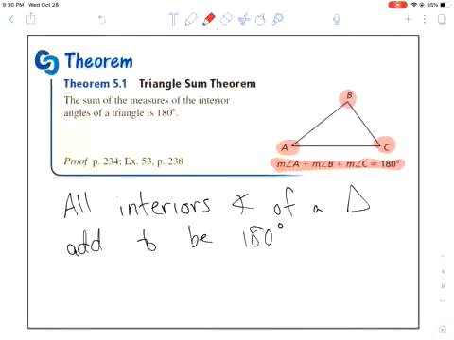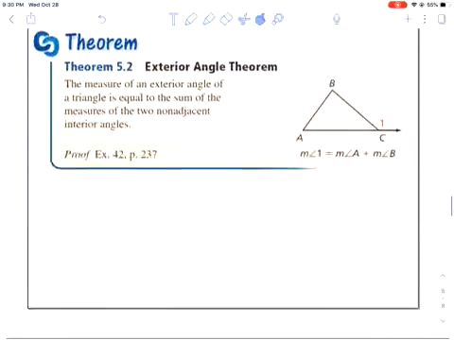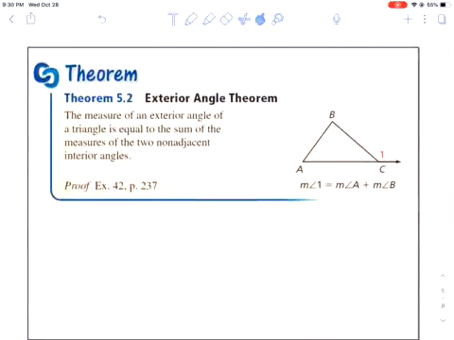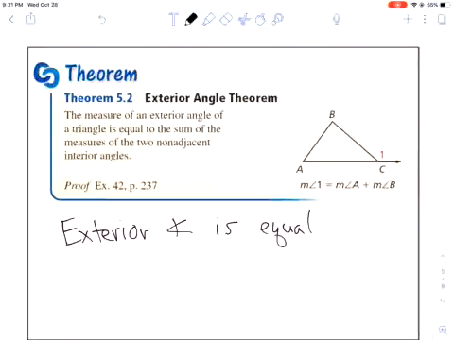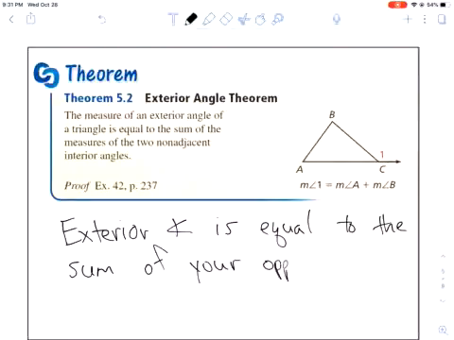Again, pause this if you need it, but we're going to keep going. The next one we're going to use is the exterior angle theorem. And this says your exterior angle, or angle on the outside, is equal to the sum of your opposite interior angles.